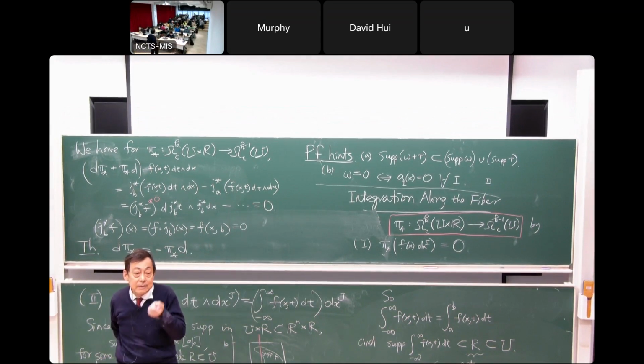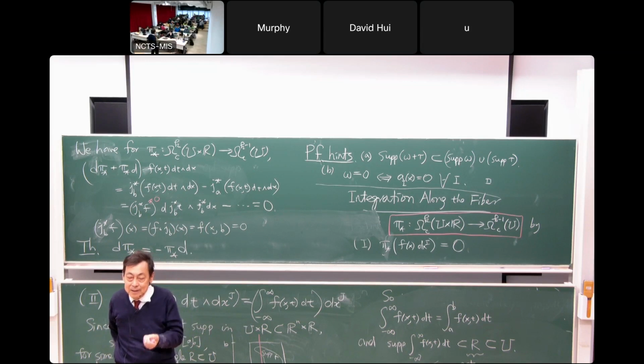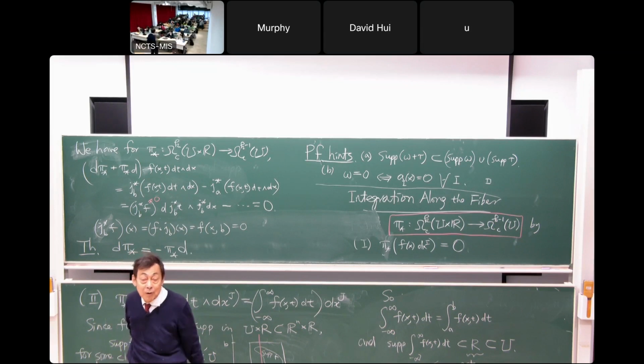And the property of a co-chain map is that, complete the sentence. Why do you want a co-chain map? That's right. A co-chain map induces a map in cohomology.